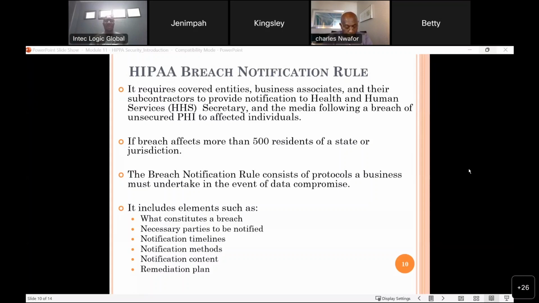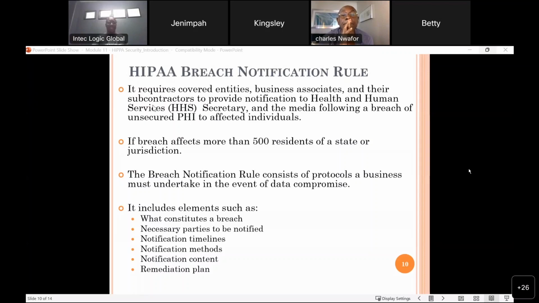Good. So let's continue. Thank you, Kingsley, for bringing that up. We'll touch on that in detail. So, the HIPAA breach notification rule. It requires covered entities, business associates, and their subcontractors. Now we've added another one. Initially, we said it's covered entities and business associates, but now we have added subcontractors.